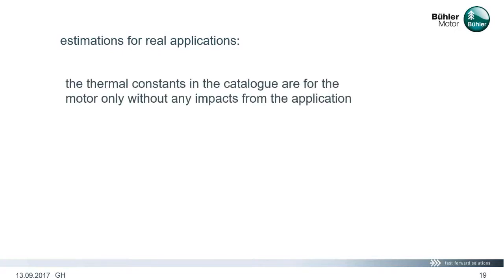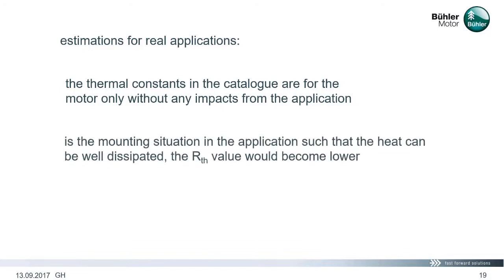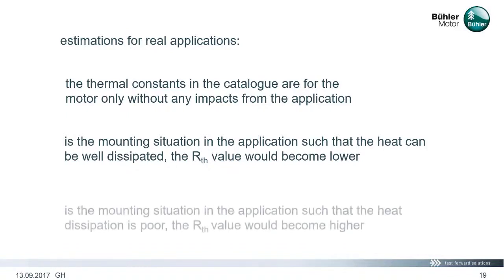For real applications, some estimations have to be made. The thermal constants in the catalog are for the motor only, without any impacts from the application. Is the mounting situation in the application such that the heat can be well dissipated, the RTH value would become lower.